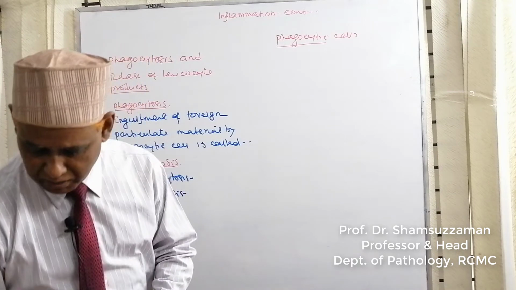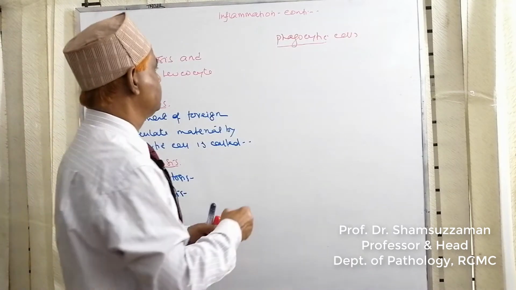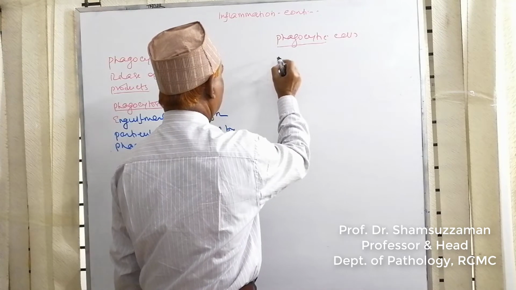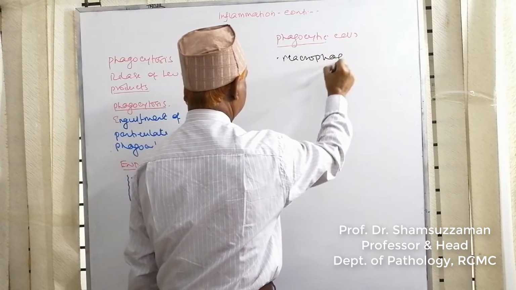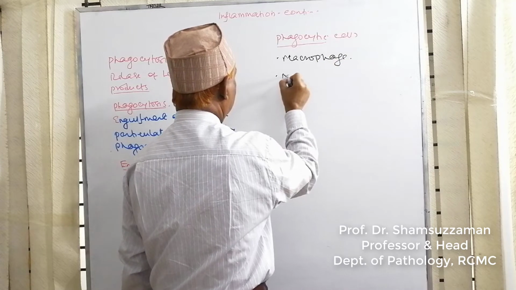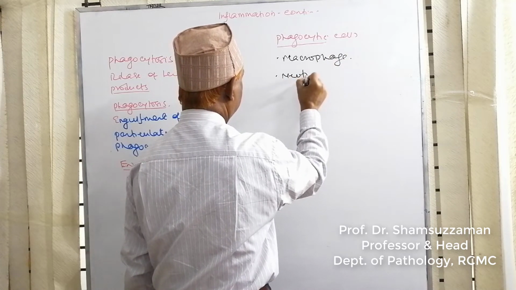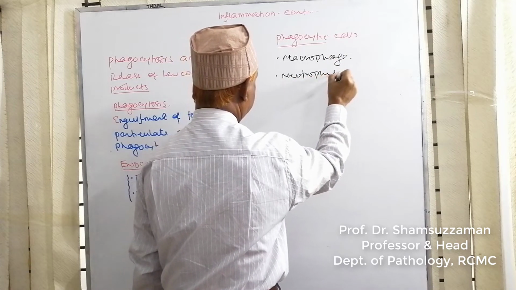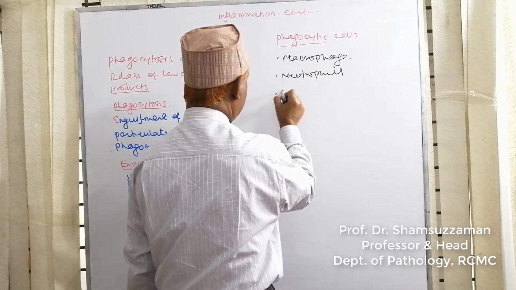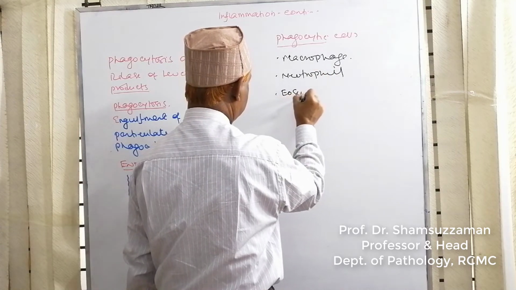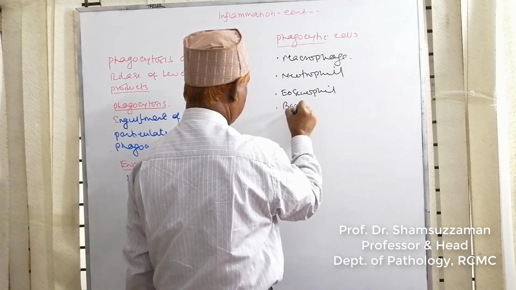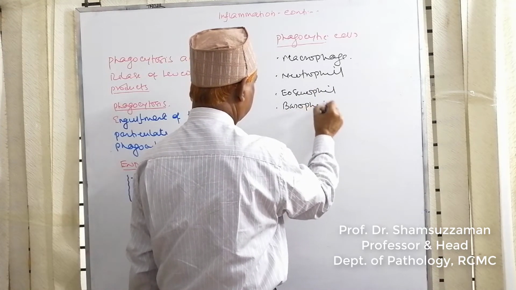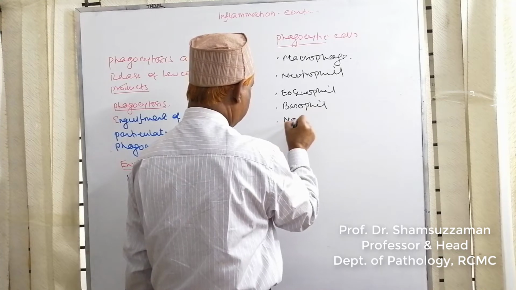These phagocytic cells may be macrophage, neutrophil, eosinophil, basophil, and natural killer cell.